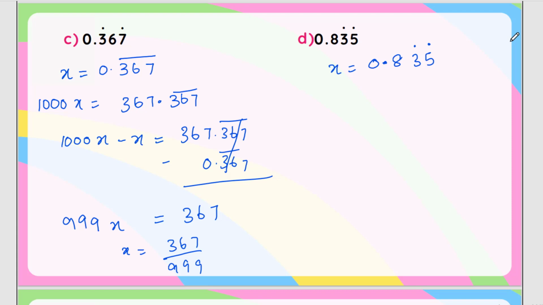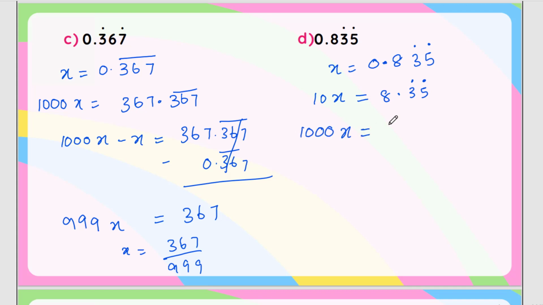So how many digits are there without repetition? Only one digit. So I am going to multiply with 10. That is equal to 8.35 dot dot. Okay, now we are having recurring digits right after the decimal point. So see how many recurring digits are there. 1, 2. So you are going to multiply with 100 again. So 10x into 100 is 1000x.